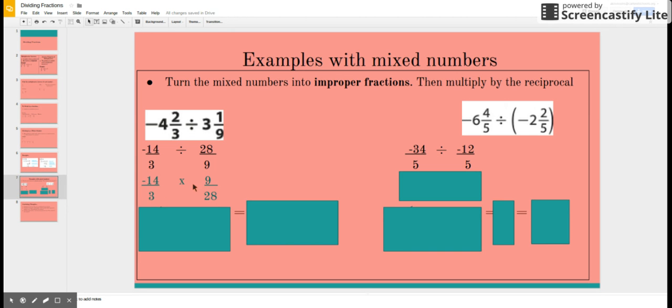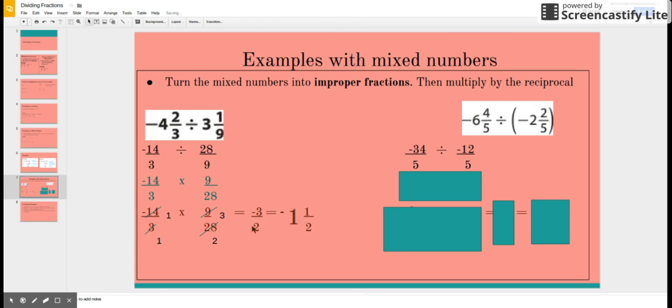I can cross cancel the 3 and the 9. 3 goes into 3 once, 3 goes into 9 3 times. So my new problem is going to be 1 times 3, which is negative 3, and then 1 times 2, which is 2. So I get negative 3 halves, which simplifies to negative 1 and 1 half.